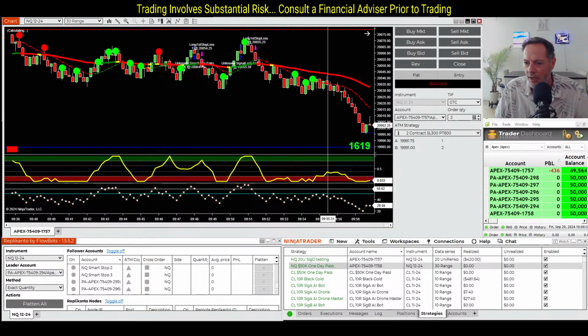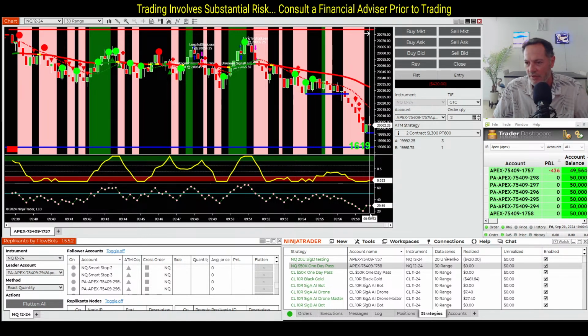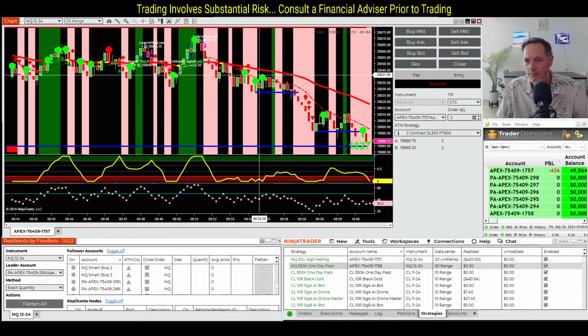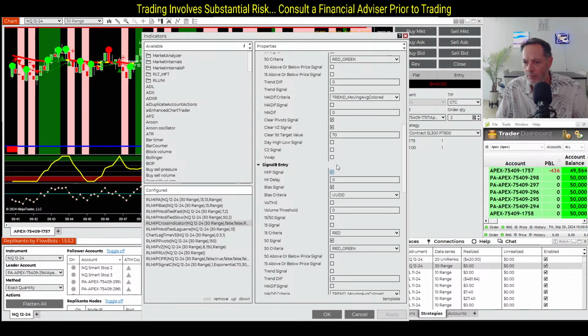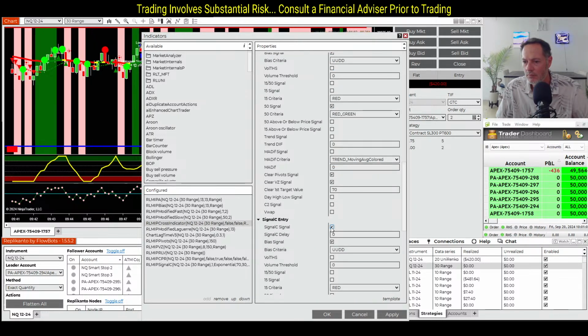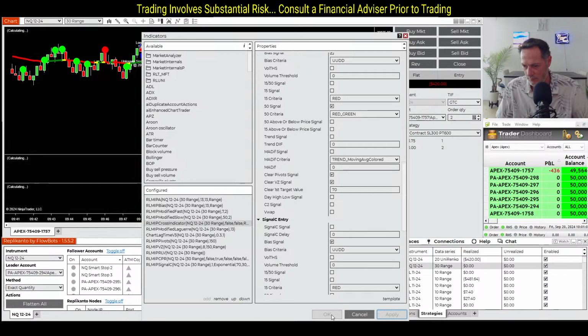So now the crosses will pop in whenever the strategy is about to take a trade. I'll just make sure it's on signal A. Order filled. Submit. Order filled.